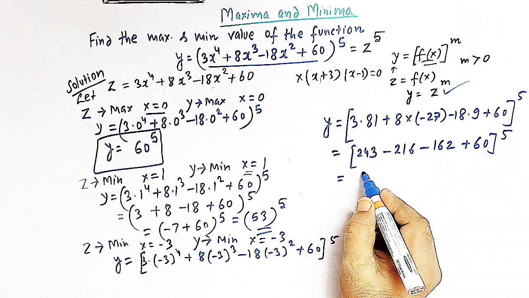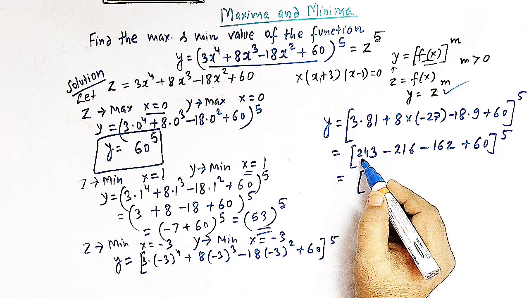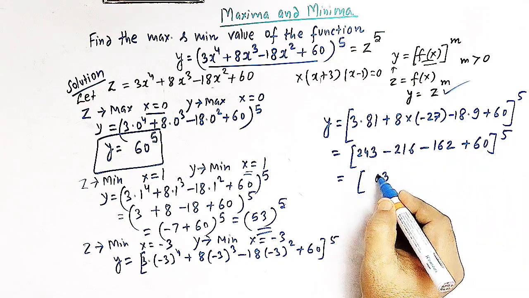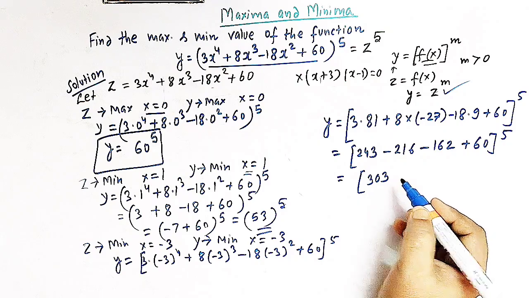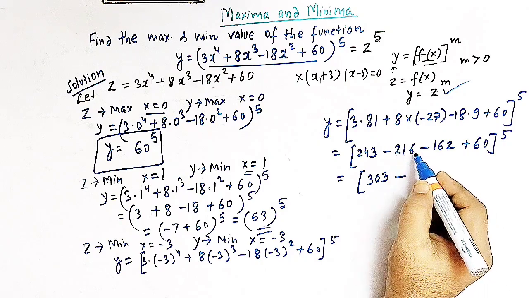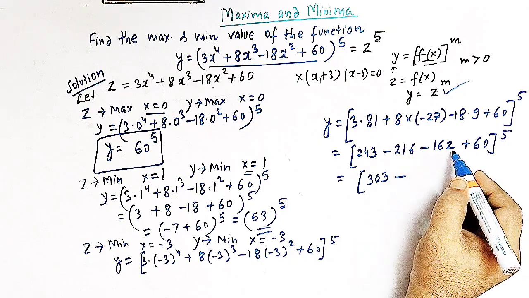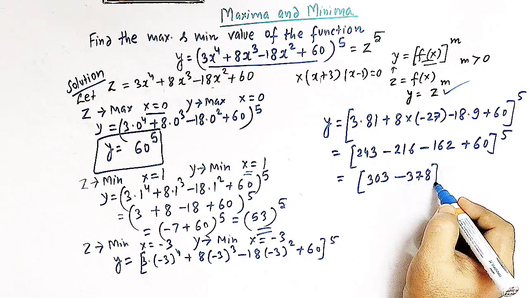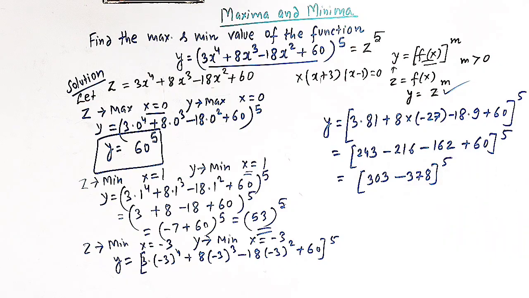So now we can have 243 plus 60, which is 303, right? And here minus 216 minus 162 is 378, and this is raised to 5, right?